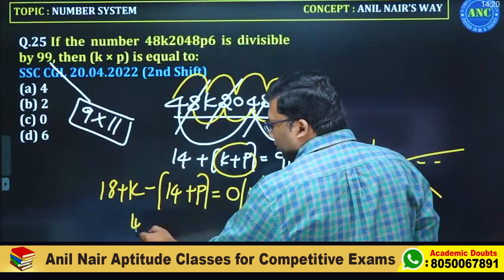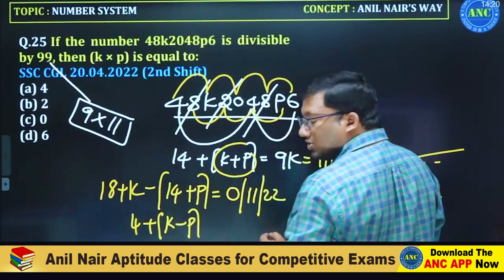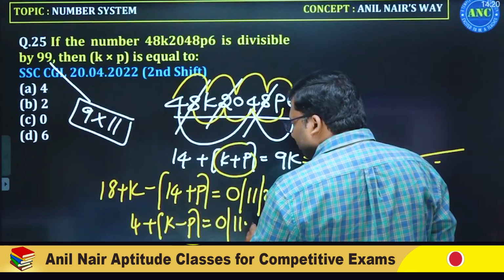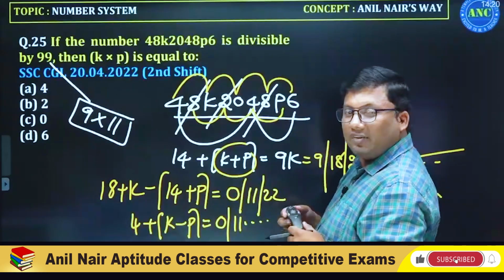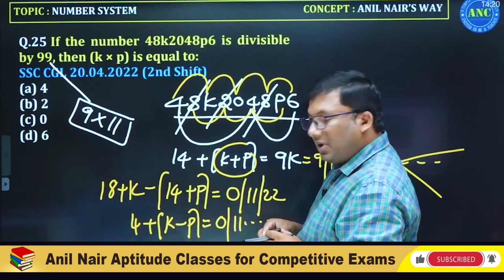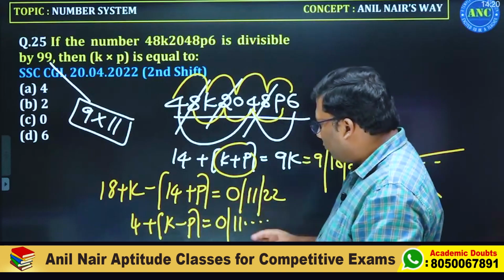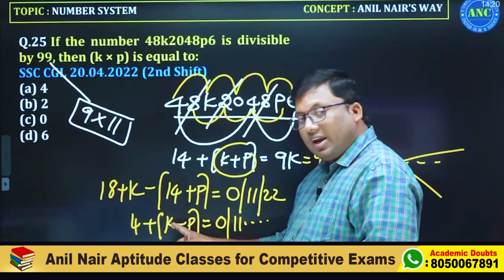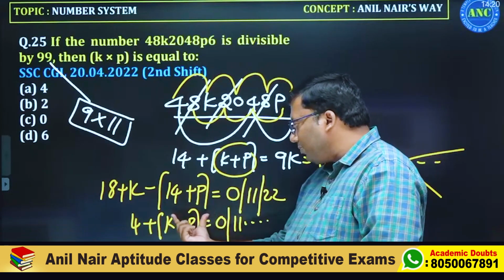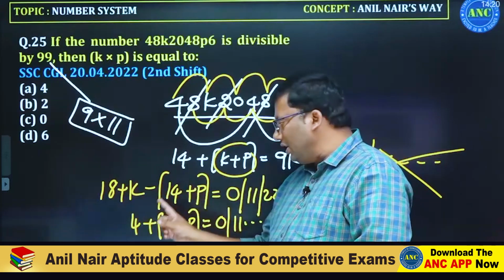So that means 4 plus K minus P should be either 0 or a multiple of 11. If I take 4 plus K minus P, it should be 0. If K is 0, then P minus K should be 4, since 18 minus 14 is 4.